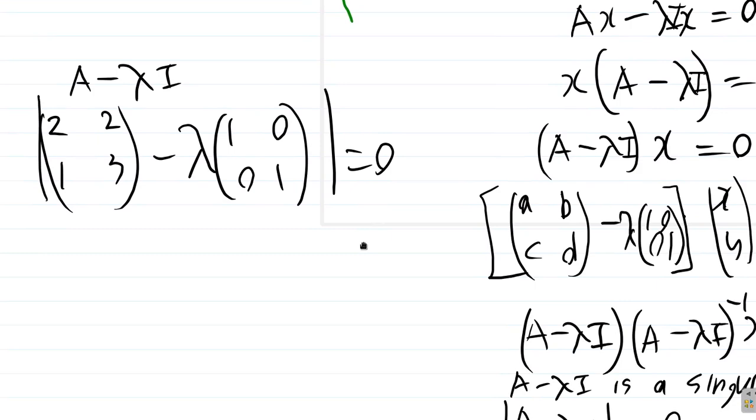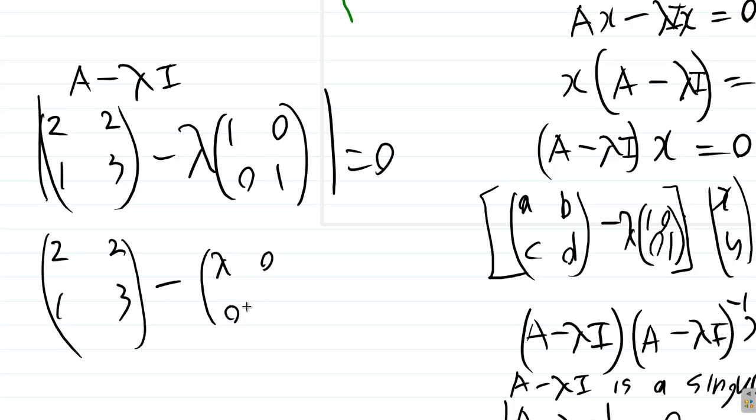Now, we're going to calculate to find out what lambda would be equal to. So now, you have 2, 2, 1, 3 minus, if you multiply lambda by the unit matrix, you have lambda, 0, 0, lambda.